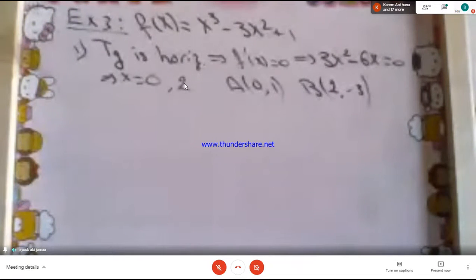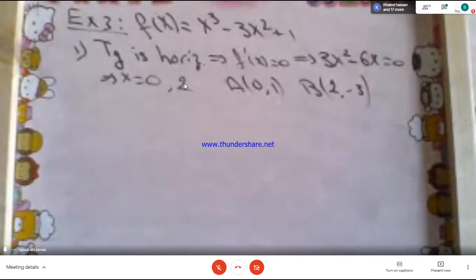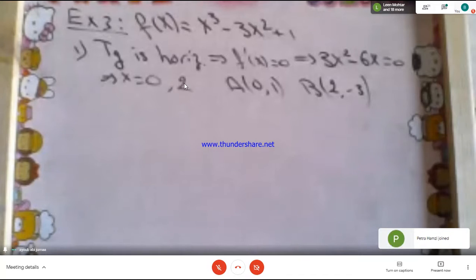To show you graphically that the tangent line at these 2 points is horizontal.